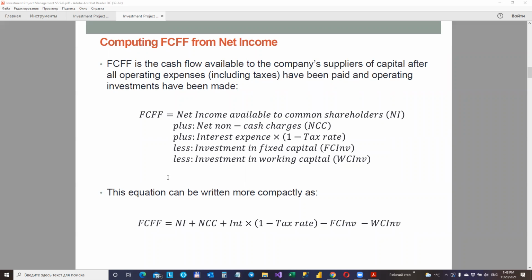Finally, the adjustment for net increases in working capital represents the net investment in current assets such as accounts receivable less current liabilities such as accounts payable.